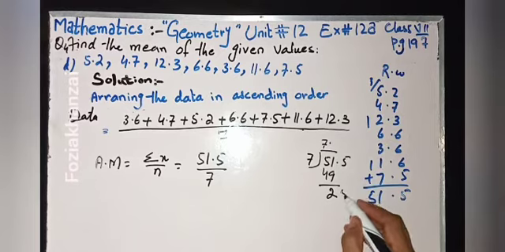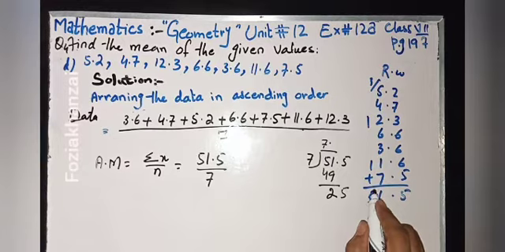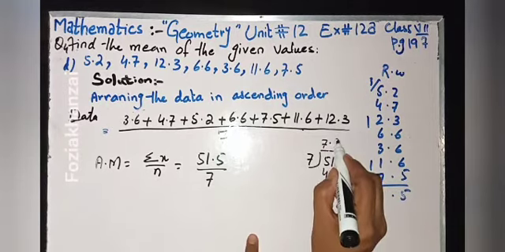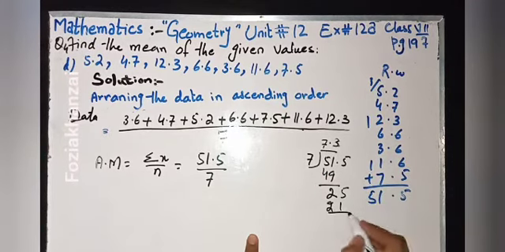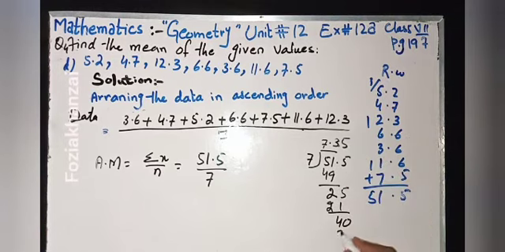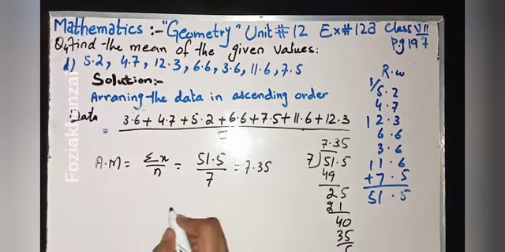Copy down 5. 7 1s are 7. 7 2s are 14, 7 3s are 21, 22, 23, 24, 25. 4 is left. Put 0. 7 5s are 35. 5 is left. So the answer is 7.35. After the decimal, 2 digits are enough.